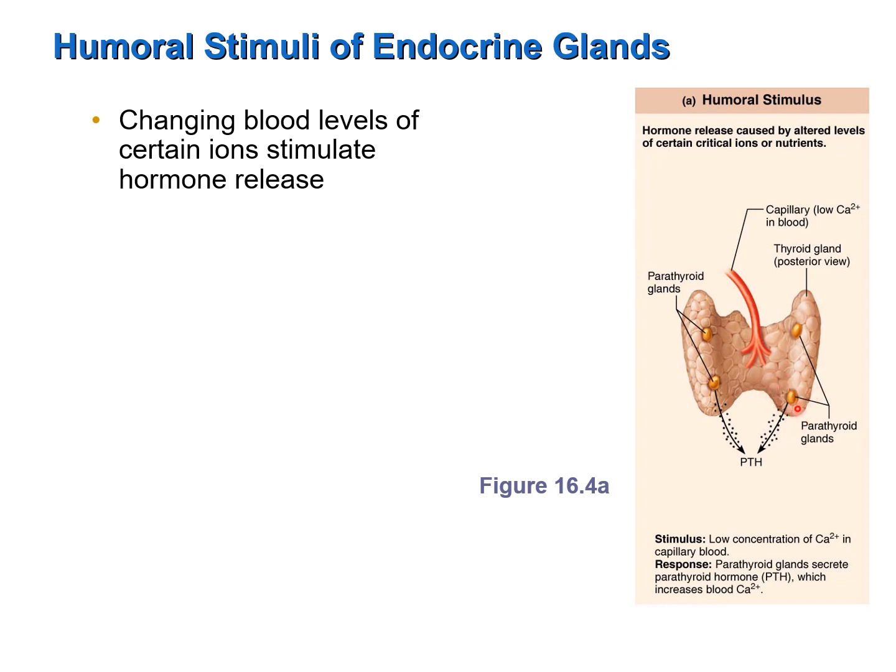The parathyroid glands release parathyroid hormone, which increases blood calcium levels. The stimulus for the release of parathyroid hormone is a drop in blood calcium levels. So if blood calcium levels drop, the parathyroid glands release parathyroid hormone. In this example, the stimulus is a drop in blood levels of calcium. Therefore, it is a humoral stimulus.